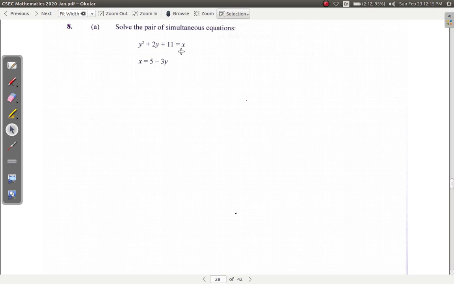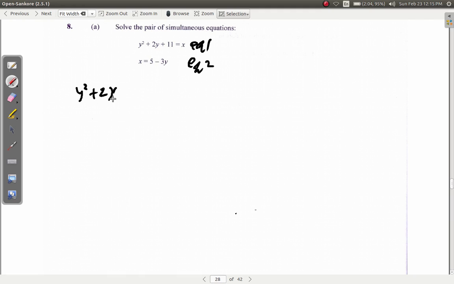Okay, since x is equal to 5 minus 3y, what you could do is substitute. Let's call this equation 1 and this equation 2. Substitute equation 2 into equation 1. We have two unknowns in equation 1 and two unknowns in equation 2.